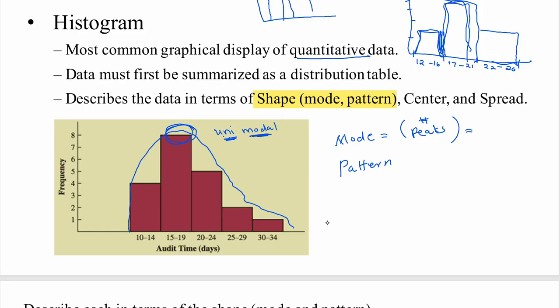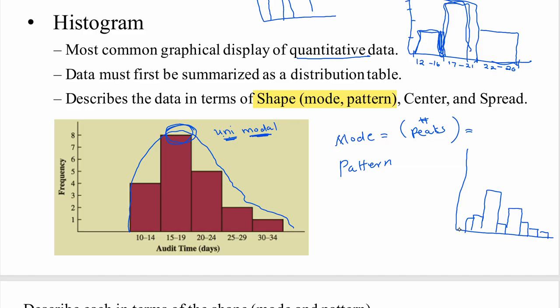If I have a histogram of this format, take a look at this one here.